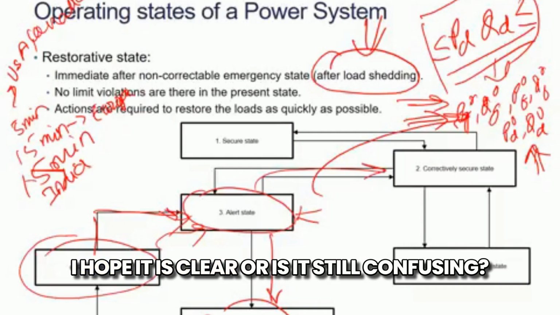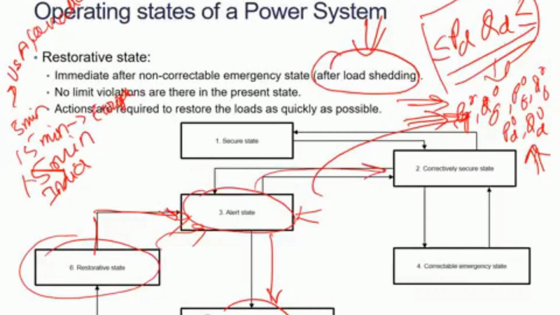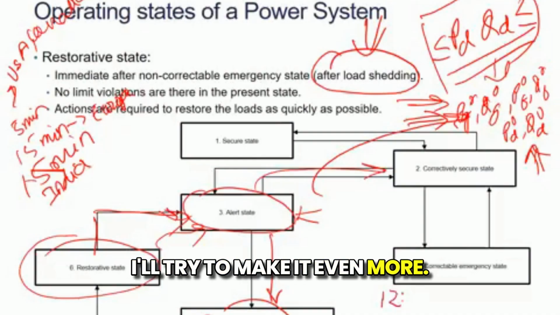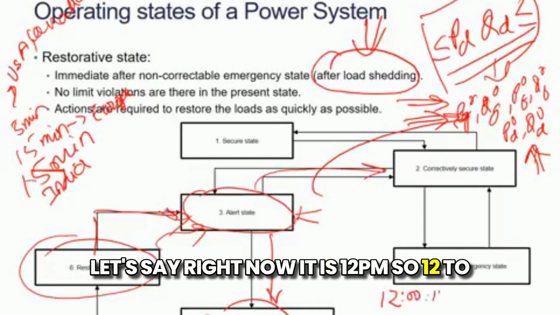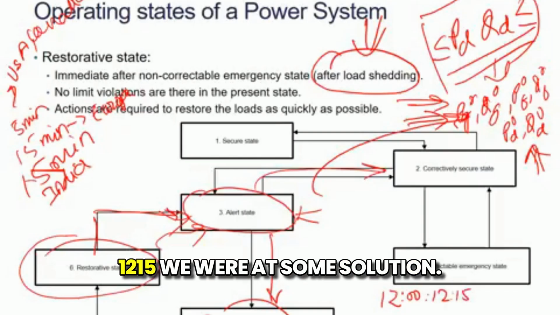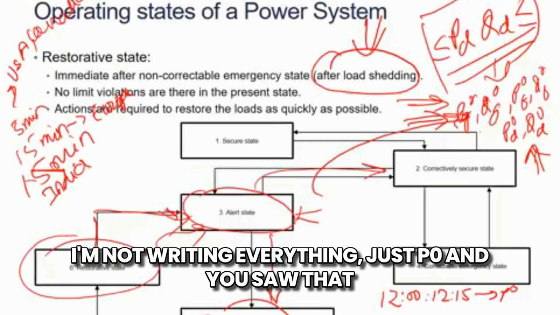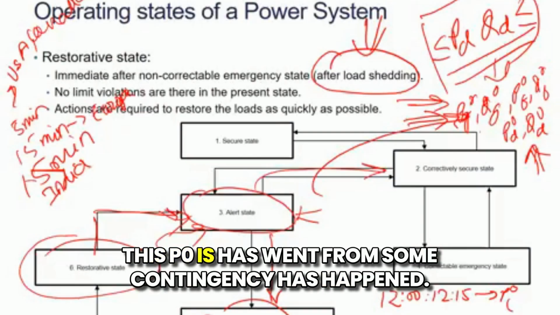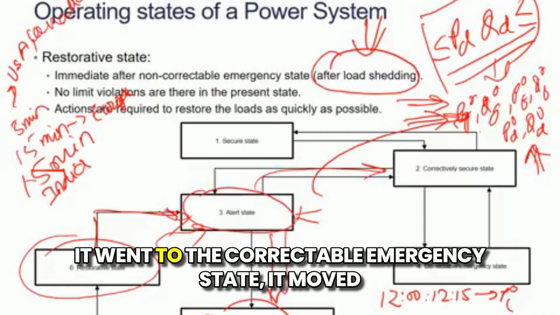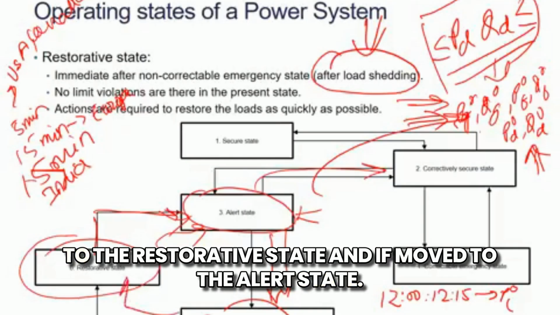I hope it is clear, or is it still confusing? So let me try to make it even clearer. Let's say right now it is 12 p.m. So from 12 to 12:15, we were at some solution, let's say P naught. I'm not writing everything, just P naught. And you saw that for this P naught, some contingency has happened, it went to the correctable emergency state, it moved to the restorative state, and it moved to the alert state.